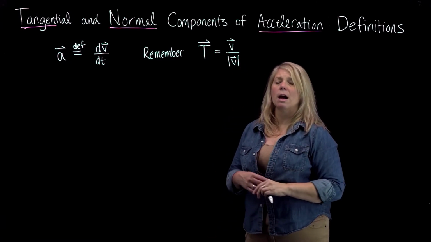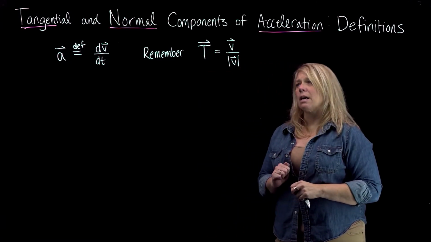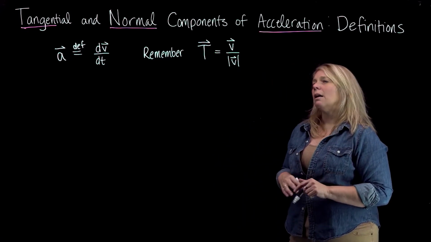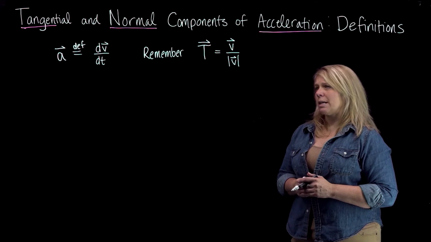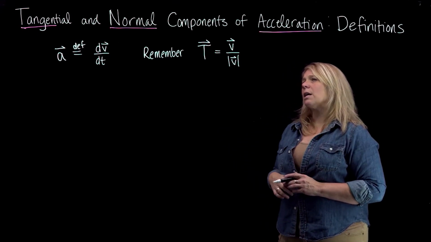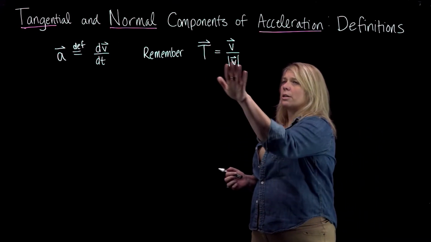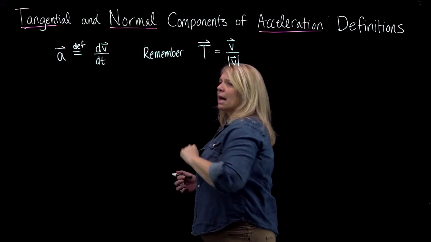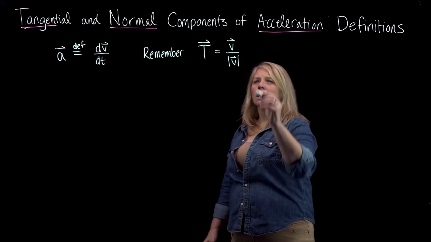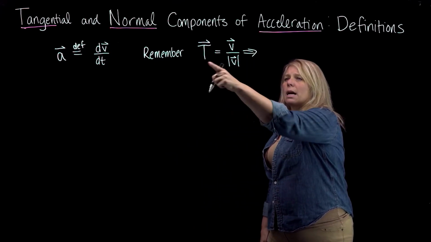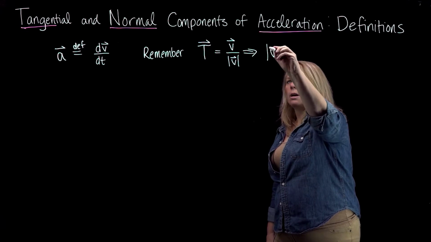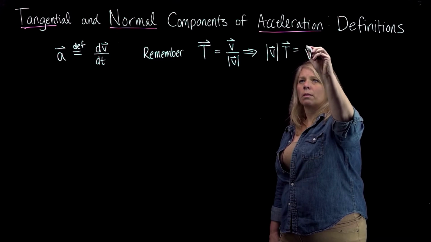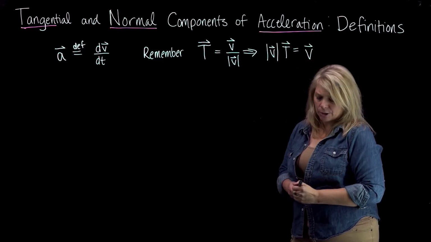So that is from what we did previously when we talked about the unit tangent vector. This is how you calculate the unit tangent vector most of the time. And so as long as we have a smooth parameterization, this equation is valid. So I'm going to rearrange this equation a little bit and solve for the velocity vector, so I can replace that in this expression here. I'm just going to multiply both sides of this equation by the magnitude of the velocity vector. And so we have this relationship here.